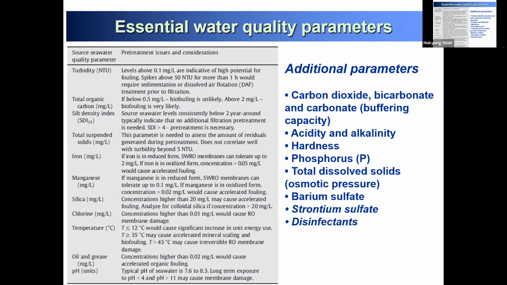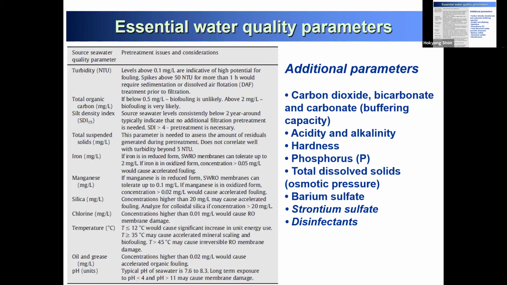One is the feed spacer, and we have a membrane, and we have a back spacer, the permeate spacer. So the channel space is almost 1 millimeter, and water passes through this way. If you have a lot of turbidity, you're clogged here.